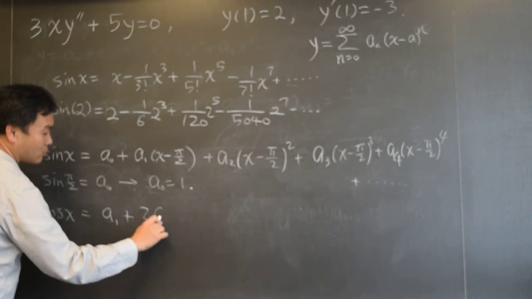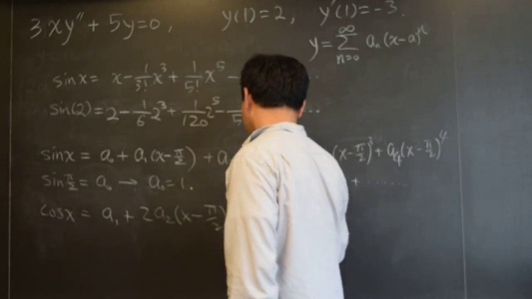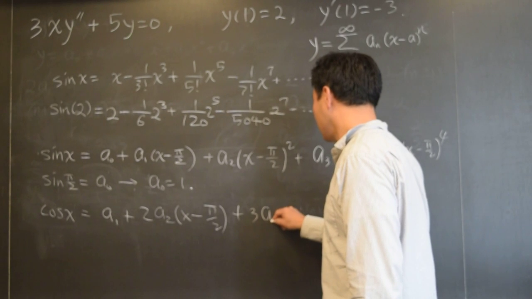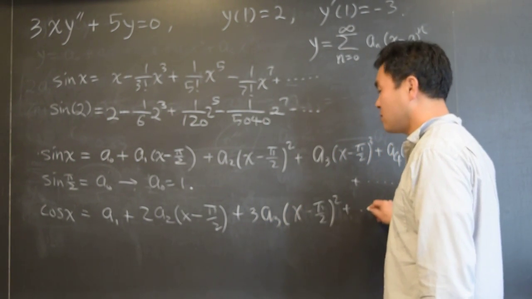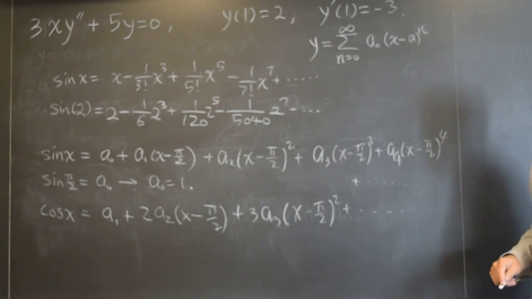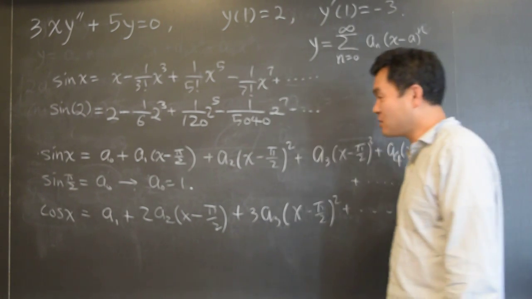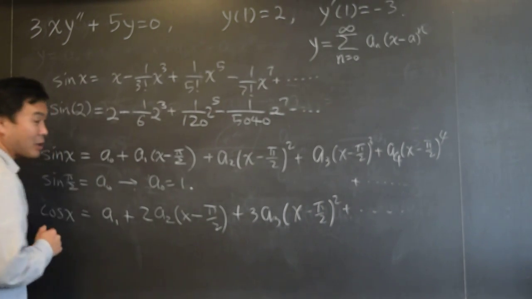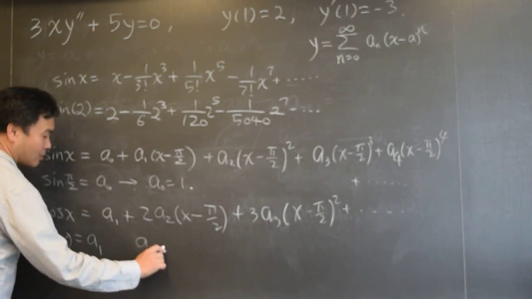This will be 2a2 times x minus pi over 2, 3a3 times x minus pi over 2 squared, and so on, right? Now how would you get a1? Plug in pi over 2. Cosine pi over 2 is 0, so 0 equals a1.